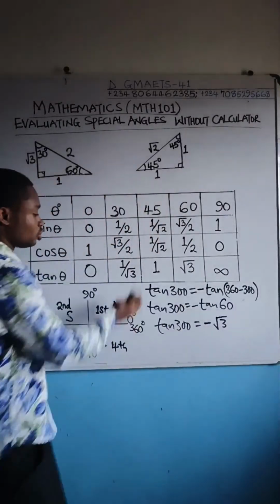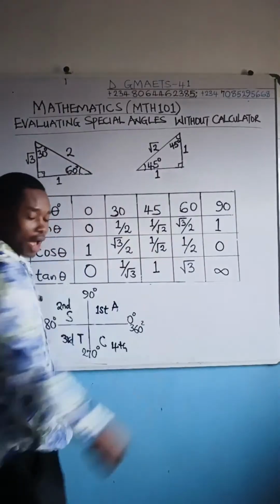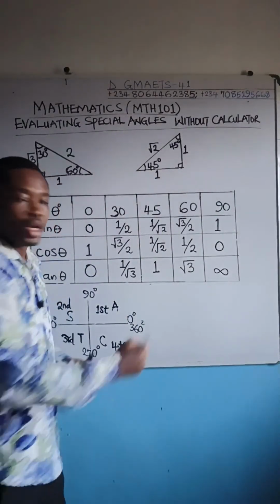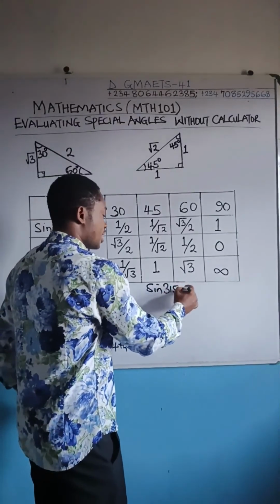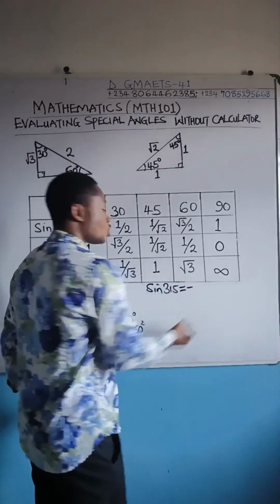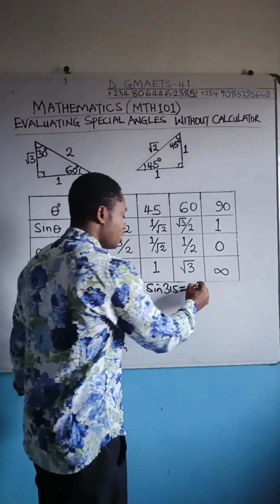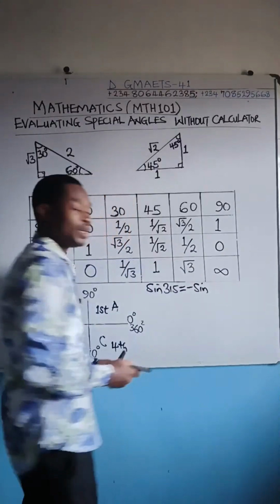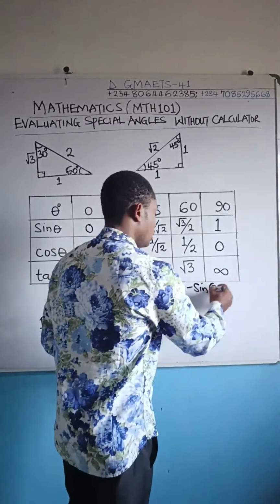Now we are done with 300. Let us move on quickly to the next special angle. The next special angle is to add 15 to 300, which of course is going to be sine 315. Sine 315 is equivalent, in an acute angle in the first quadrant, to minus sine of 360 minus 315.